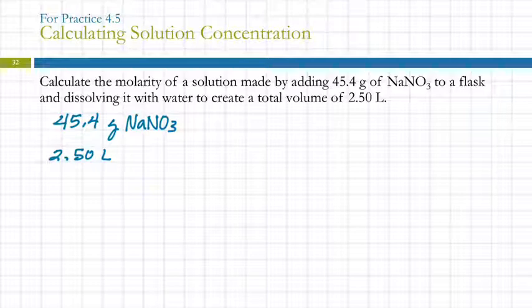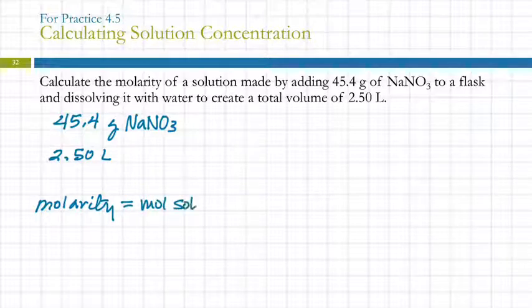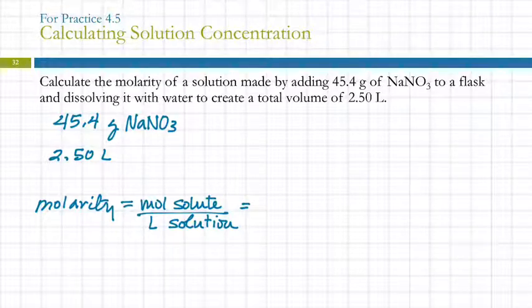So molarity requires an equation. Molarity equals moles of solute per liter of solution. So I need to know the moles of solute. The solute here is the sodium nitrate. And I need the volume of the solution in liters. Do I know either of those? Yeah, I know the volume of solution.